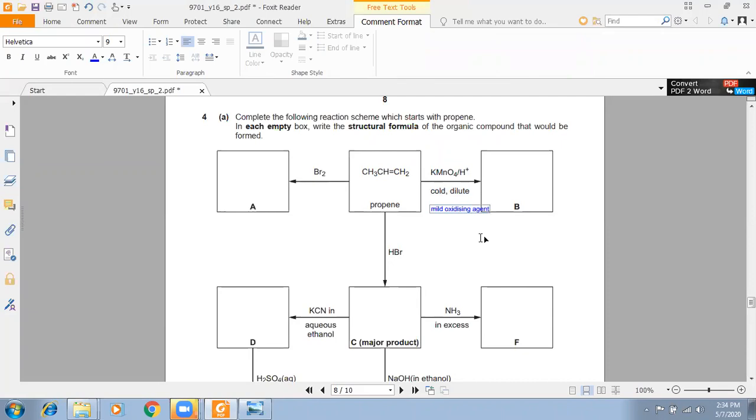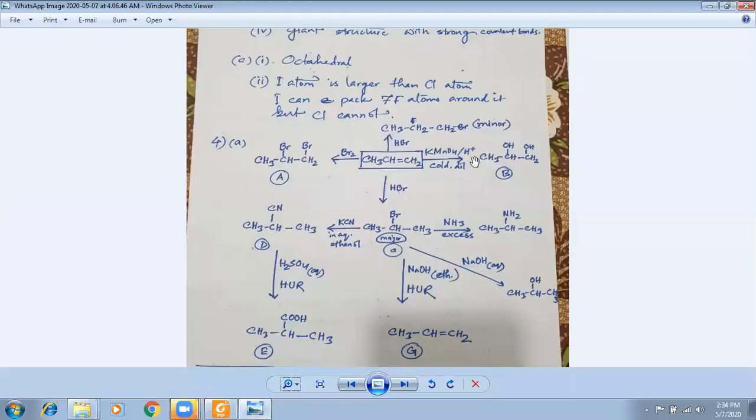So when a mild oxidizing agent reacts with an alkene, what happens? The double bond breaks down and both of the carbons having the double bond will have OH. So we will simply get a diol. Look at this one, I have shown the product. We are getting a diol when we are using cold dilute acidified potassium permanganate, KMnO4.